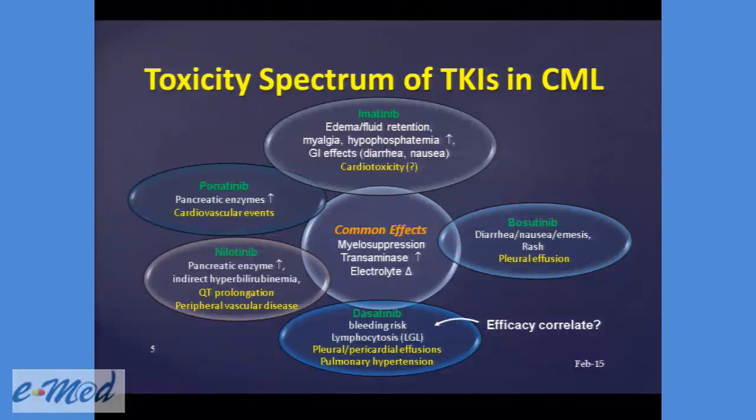Last but not least, ponatinib on the upper left side is mostly ill-reputed for pancreatic abnormalities as well as venous and arterial vascular events.